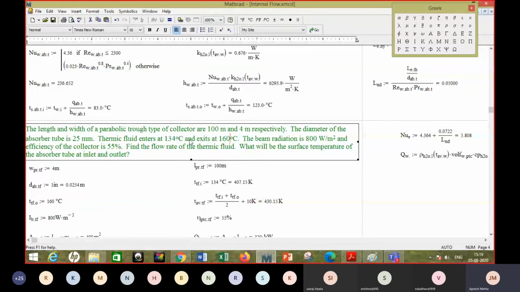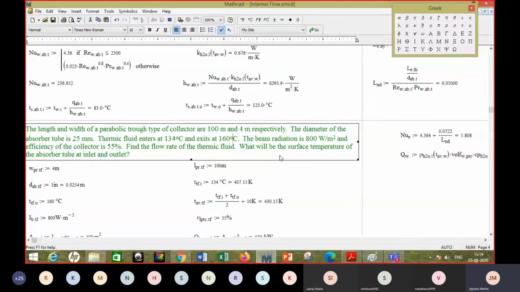So it's a closed circuit. You are not heating the fresh oil every time, right? It goes to, let's say, the heat exchanger, where it gives heat to, let's say, water, and it boils water there, and the temperature reduces from 160 to 134 in the heat exchanger. It comes back to the parabolic trough, where its temperature is again increased from 134 to 160 degrees Celsius.